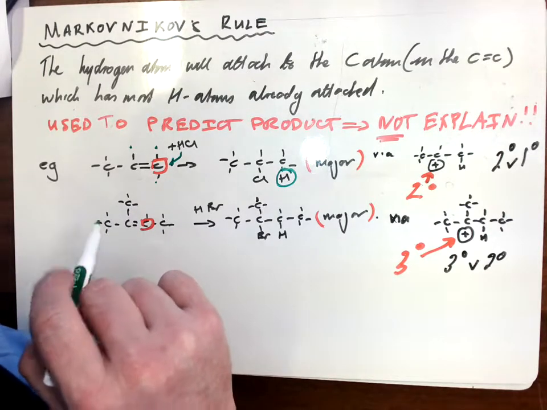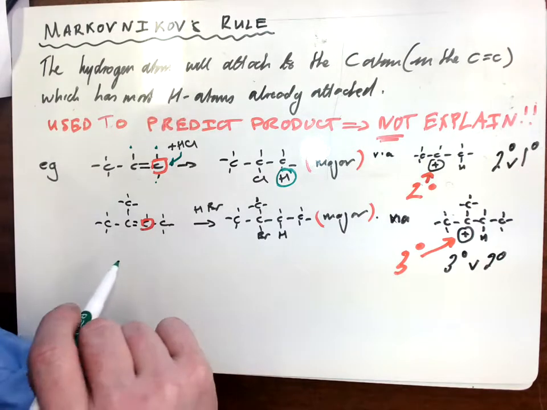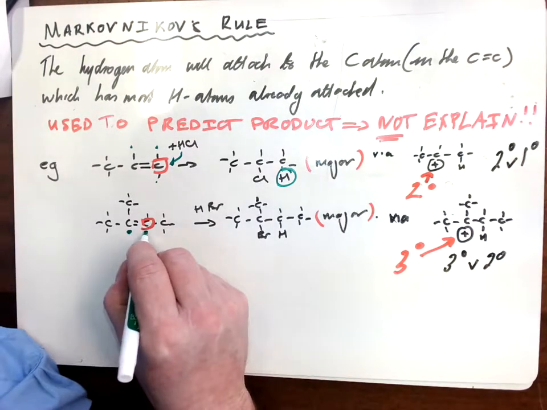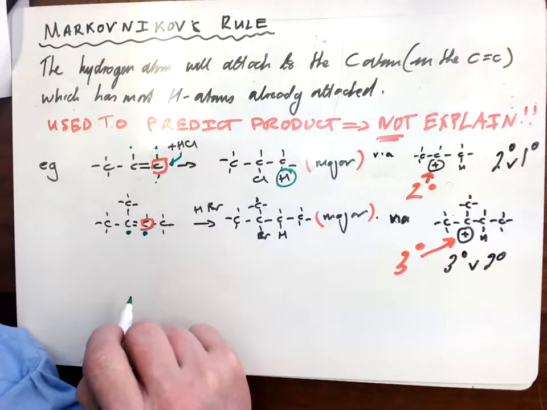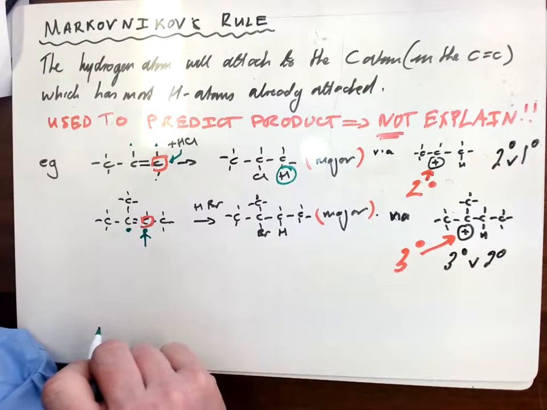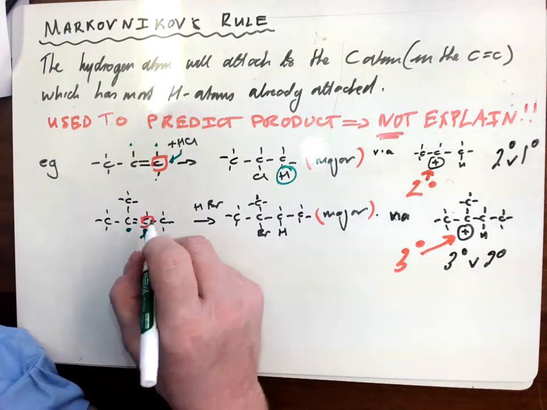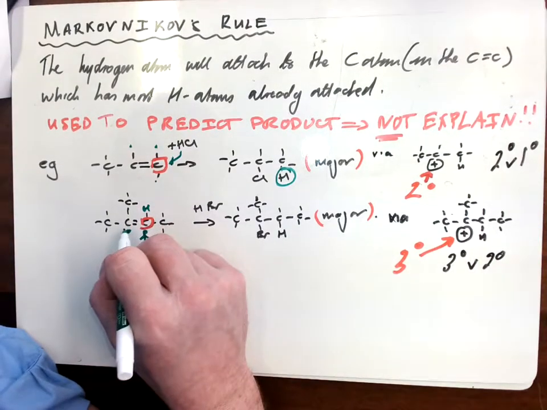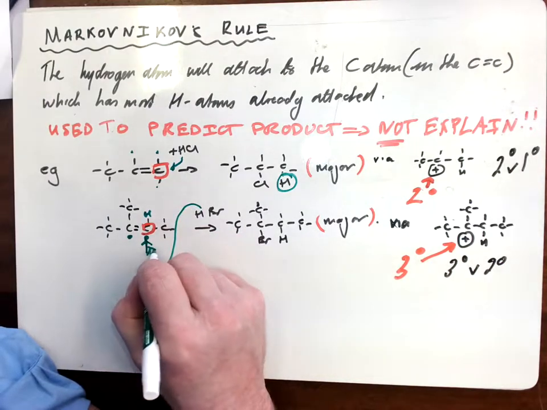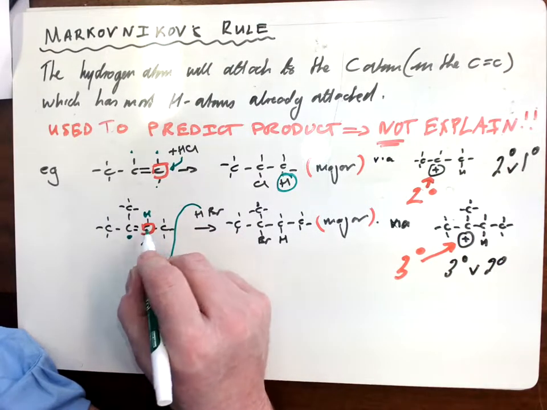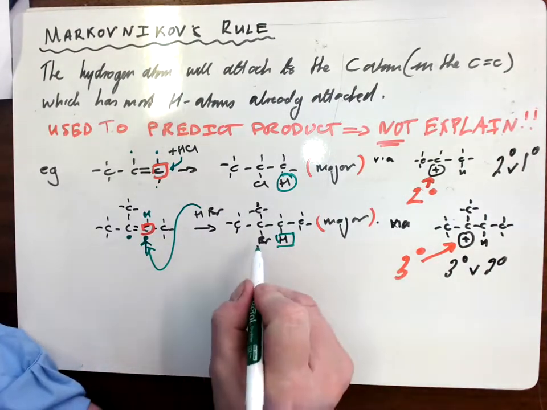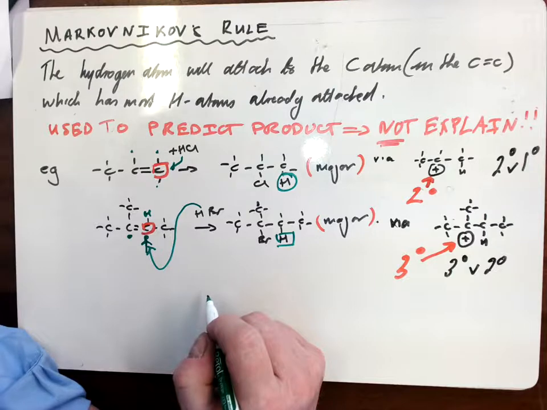If we look at the next one down and use Markovnikov's rule again, we look at the 2 possible carbons in the double bond. They are those ones. Applying Markovnikov's rule, this is the one with most hydrogens attached to it already. It's got 1 here, as opposed to 0 here. So the hydrogen from the hydrogen bromide would attach to this one, giving us the hydrogen here, and this would of course be our major product.